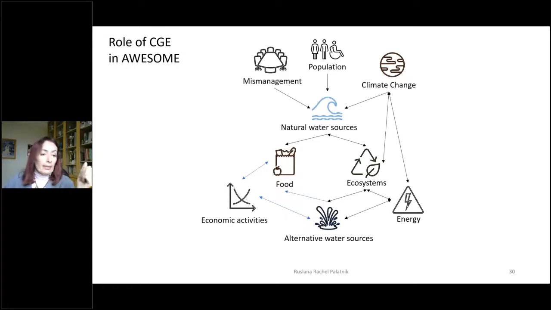But alternative water sources, whether desalination or treated water, also have waste, brine from desalination, and greenhouse gas emissions due to the energy that is used for their supply, for their provision.